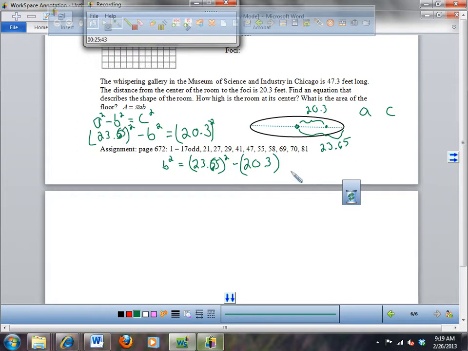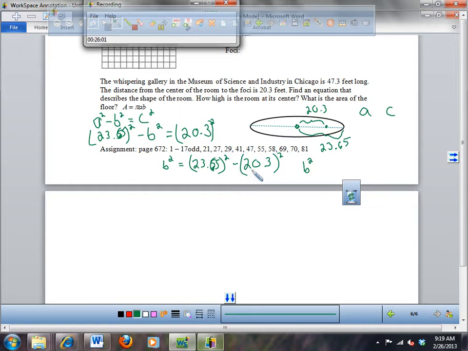So you do that on your calculator and you'll get b squared. Can you do that? 23.65 squared minus 20.3 squared? What do you get? No, that's b squared, it couldn't be that big.